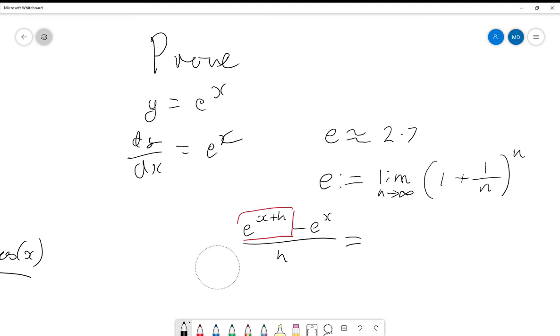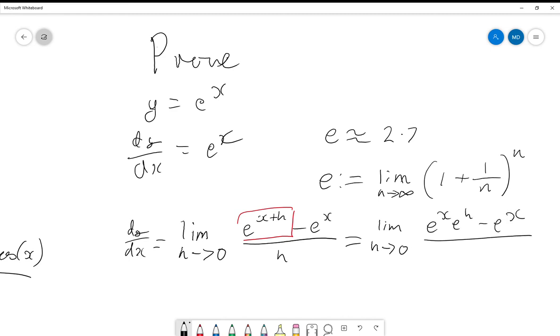We end up with this being equal to exactly, I forgot the limit there, that's kind of important, the limit as h tends to 0 of e to the x multiplied by e to the h, just our power laws there, minus e to the x, over h.